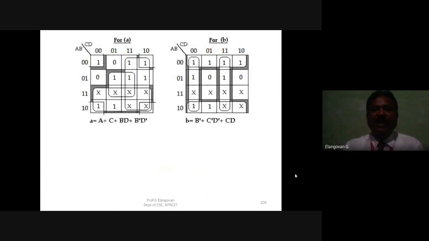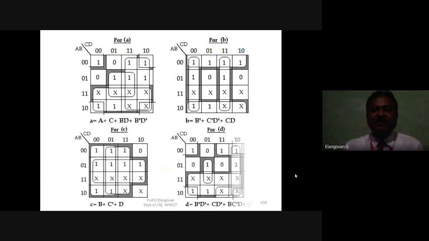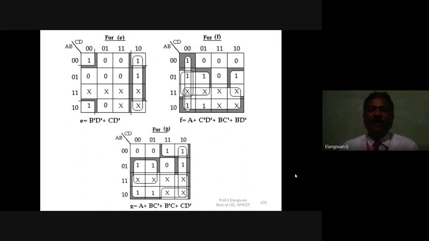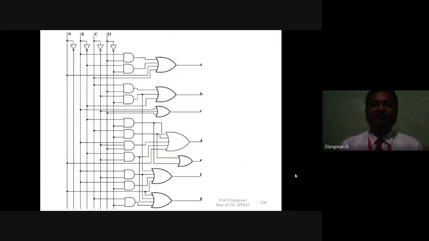This is for A and B, this is for C and D, this is for E and F, and this is for G. You can see the 6 combinations marked as X permanently as don't care variables, so they will be involved in the simplification process. After simplifying, we will get the reduced circuit diagram like this. This circuit will convert the given BCD to 7 segment format.